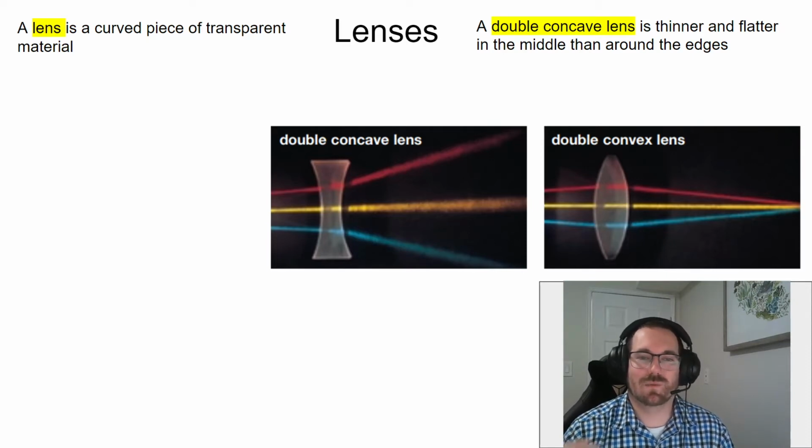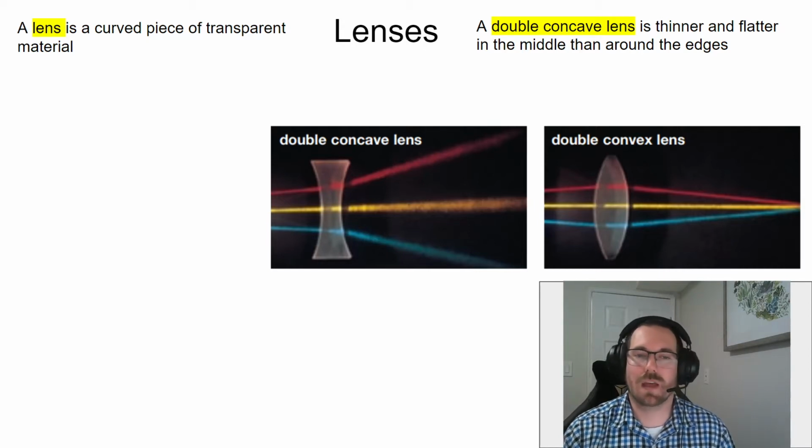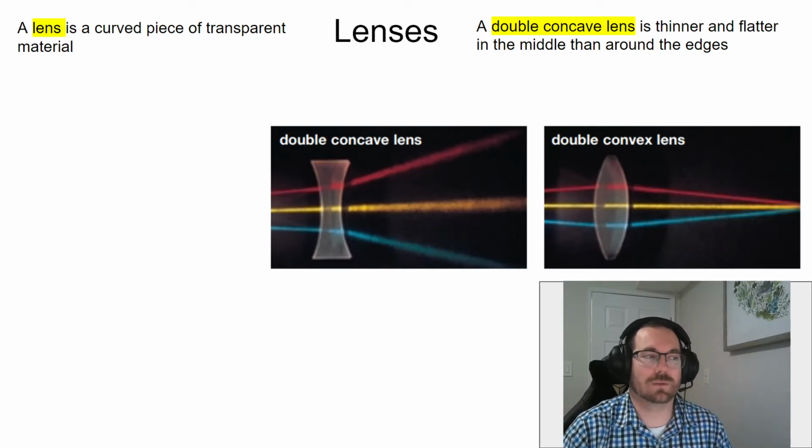This causes rays of light to spread out, and we use a fancy word for that when we're talking about rays of light: we say that they diverge. So these light rays are diverging, or spreading out, separating more and more after they pass through that type of lens.